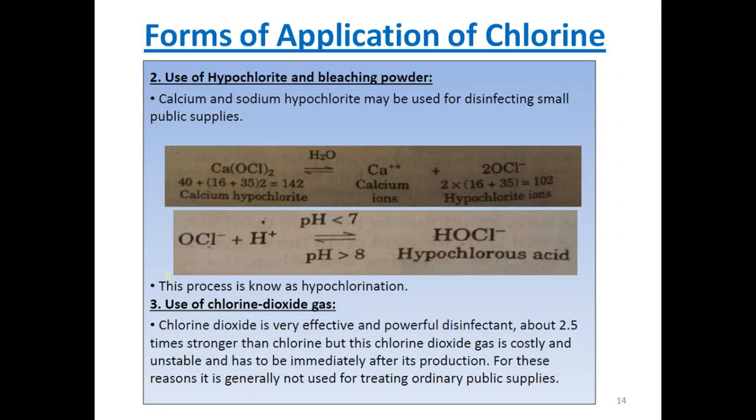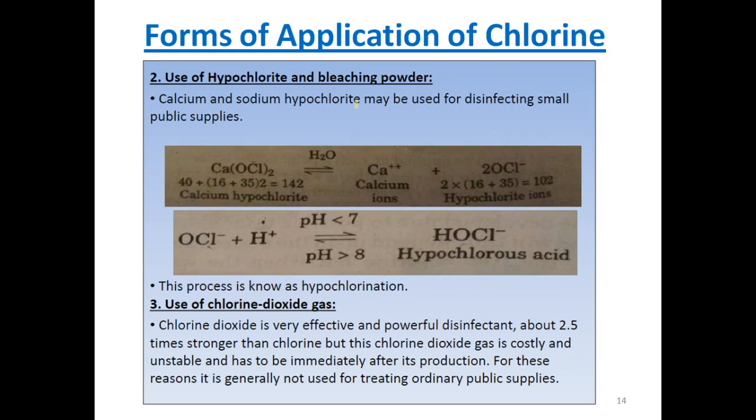Now, the next use of chlorine is the use of hypochlorite as bleaching powder. Hypochlorites of calcium and sodium may be used for chlorination of small public supplies, private industry, colony or estate.